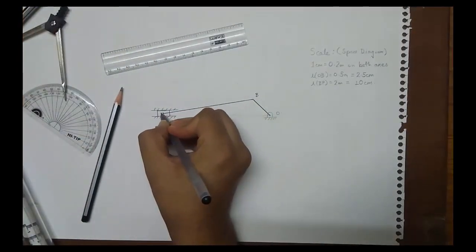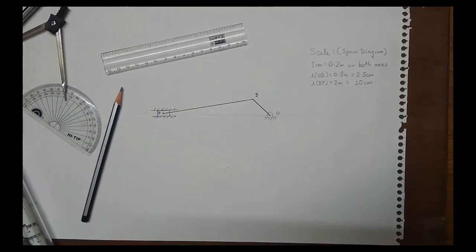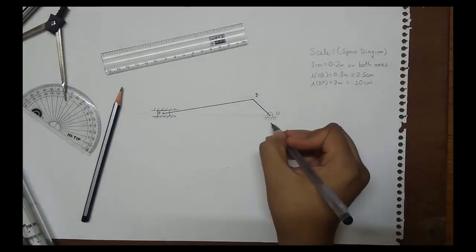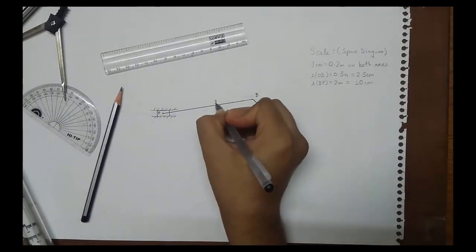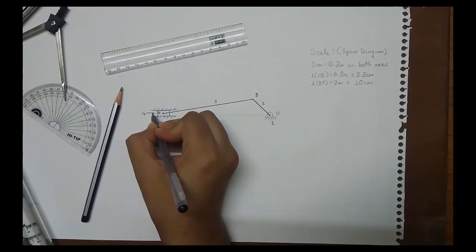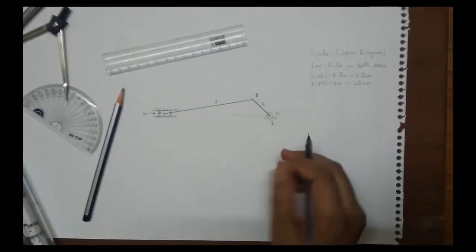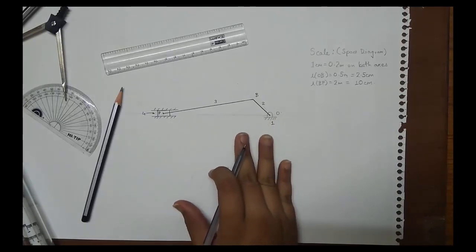Okay. So this is our link P, slider. Okay. So what are the links? First is the ground link. This is our second link. This is our third link. And slider is our fourth link. Okay. Slider is our fourth link. So what we have drawn is the space diagram.